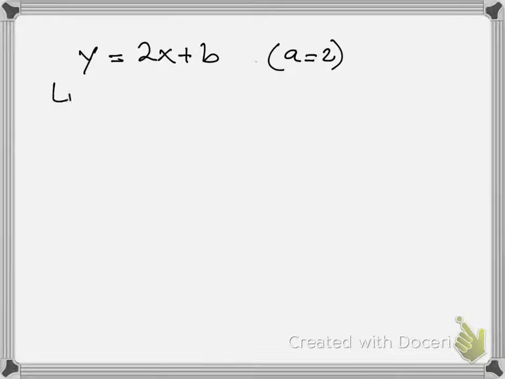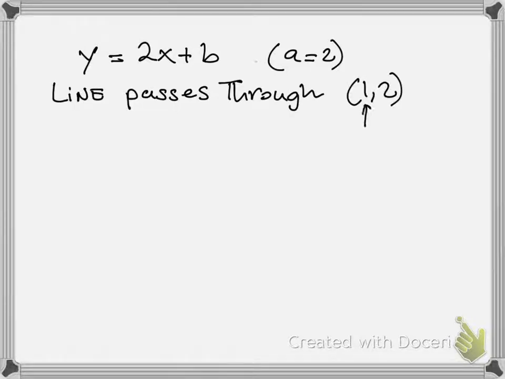Well, we know that the line passes through the point (1, 2), so 1 is x and 2 is y. When x is 1, y is equal to 2.